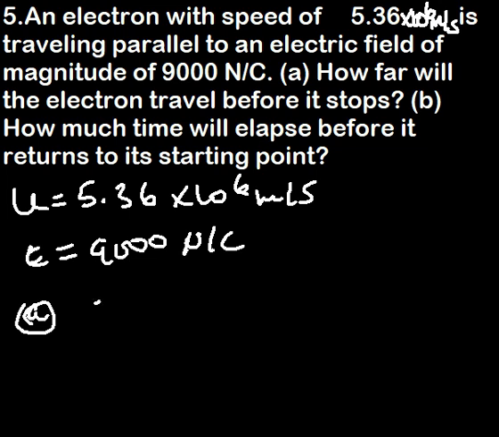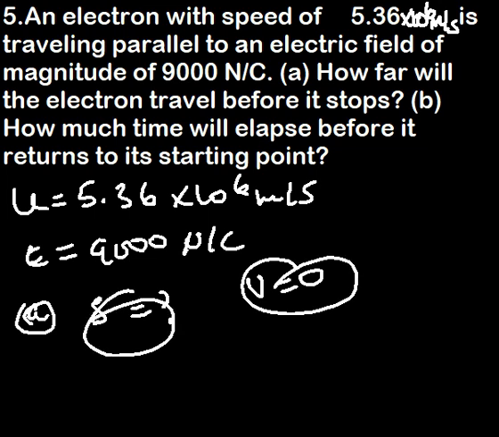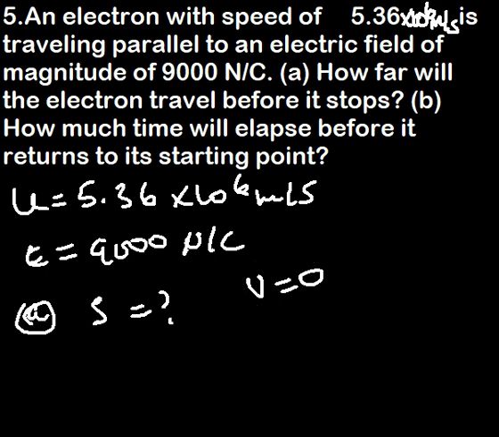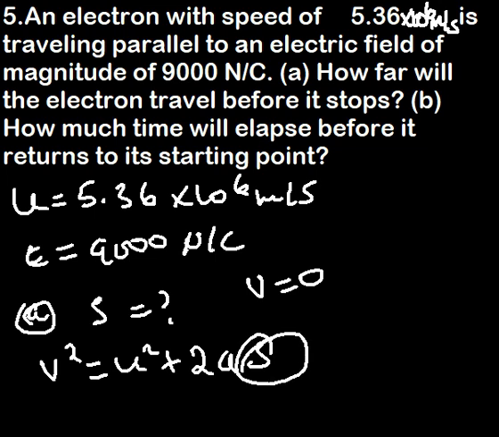Now we are looking for the displacement, where the final velocity is given as well. In this case, we're going to use the equations of kinematics, and the equation that incorporates the final velocity, displacement, as well as the initial velocity is v squared equals u squared plus 2as, where we are looking for the displacement.